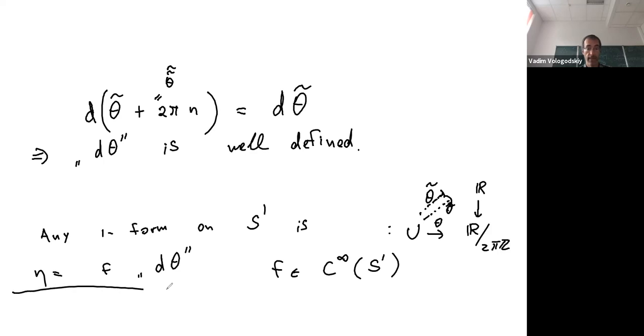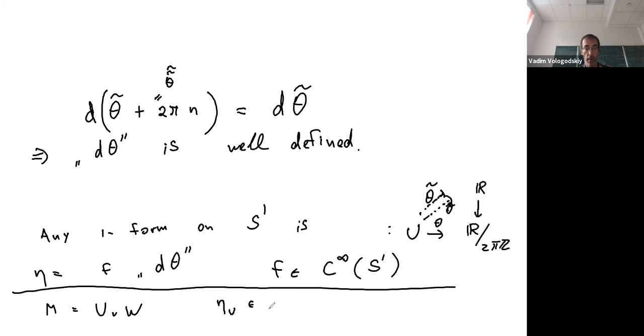So suppose you have M, and it is covered by two open sets, U and W. Suppose you have eta U, which is a smooth form on U, and eta W, which is a smooth form on W. Suppose that you know that the restrictions to the intersection are equal.